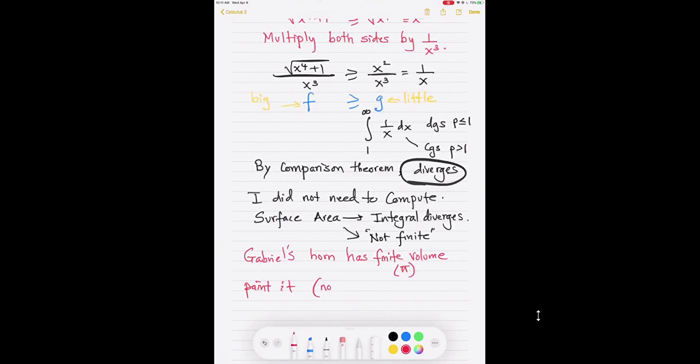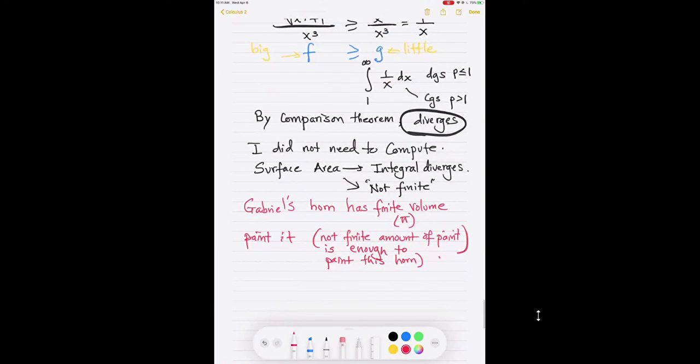So not a finite amount of paint is enough to paint this horn. And that is one of the paradoxes: it can hold a finite amount of volume, but if you try to paint it, then it seems like you need an infinite amount of paint.